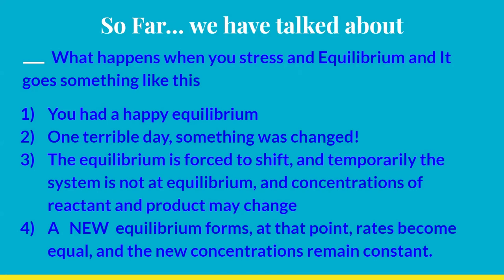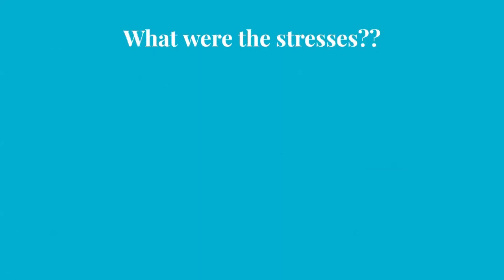Once it gets back to its happy equilibrium, the concentrations will become constant again, but they may not be what they were before you stressed it. A new equilibrium will form after it's stressed, and at that point the rates of the forward and reverse reactions will be constant again.